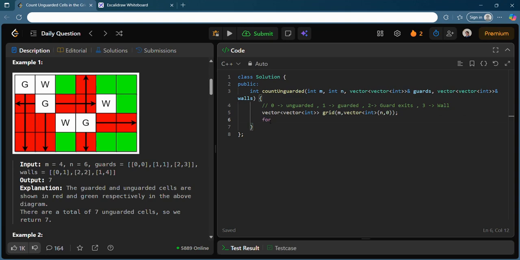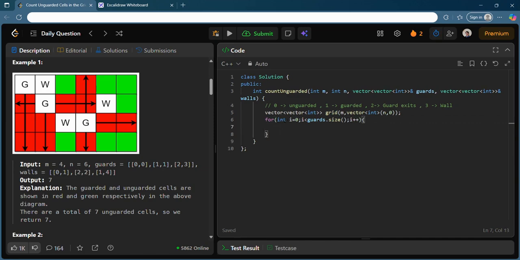So what you can do right now is go through these guards and walls and just mark all of them, whether the value is 2 or 3. So this 2 or 3 you can easily mark, right? So what I will do is very simple. I will go through guards dot size, and what I can do is that grid of guards of i0 and guards of i1, I can mark it to be 2, because guard exists, as I told you, it's 2.